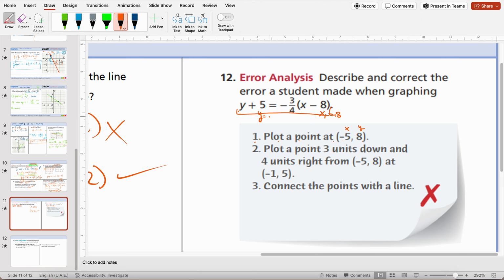No, it should be -5. Exactly, the student switched them. So it shouldn't be like this. It should be 8, -5, the opposite. Then the student said, go 3 units down and 4 units right. Let's see. My slope is 3/4 negative. Yeah, 3 down, 4 right, which is correct. This step is correct, but this one is incorrect. Okay.